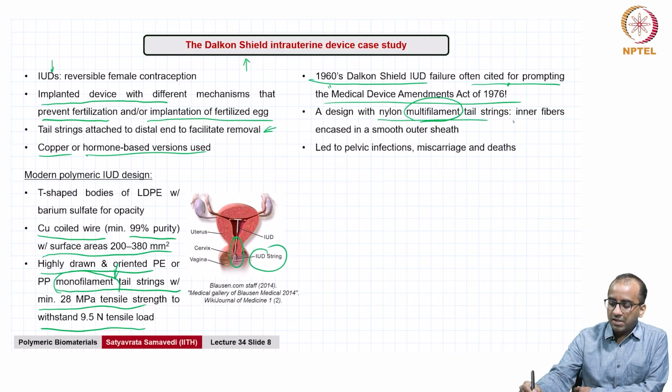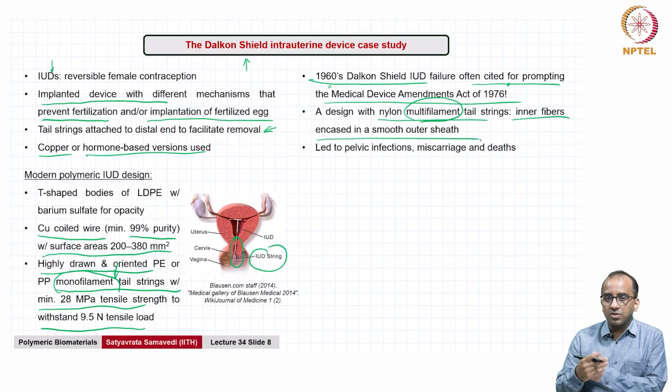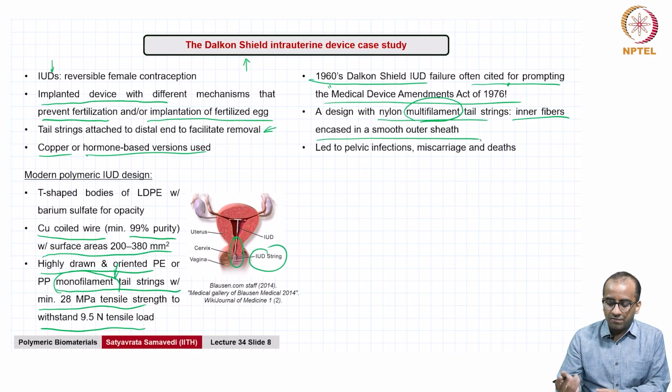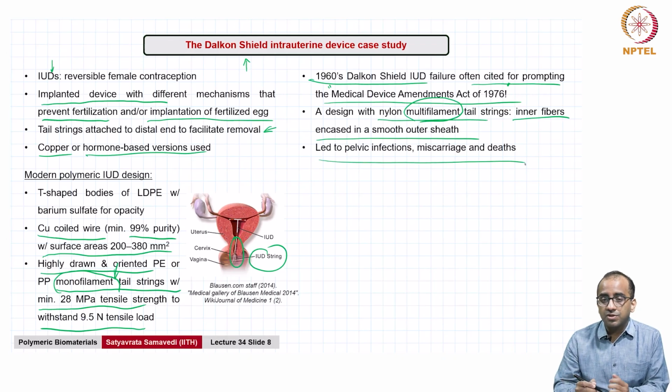Essentially, it is a design with inner fibers encased in a smooth outer sheath, nylon, and the manufacturer actually claimed that the thinner membrane in the IUD could lead to higher surface area, and they had these plastic fins that could promote better attachment. So, they had claimed that it was actually a better design, but it turns out, unfortunately, that this led to pelvic infections, miscarriages and deaths. What went wrong?